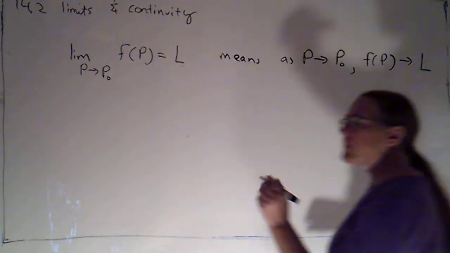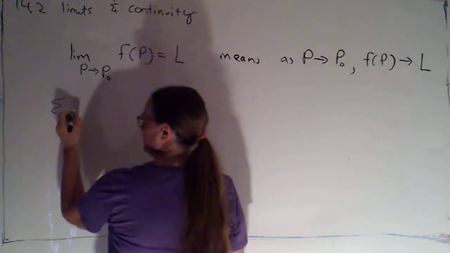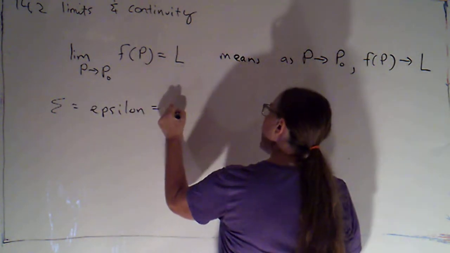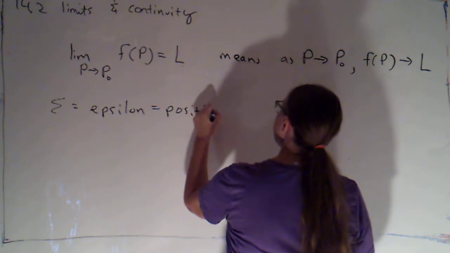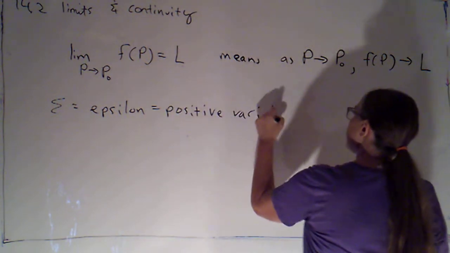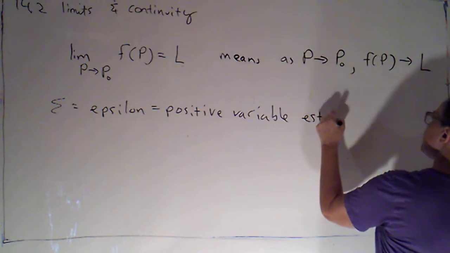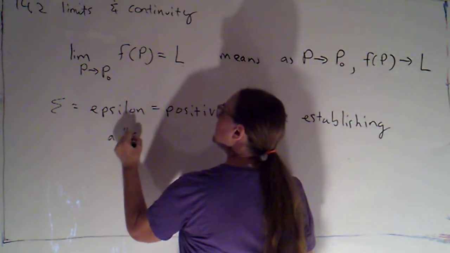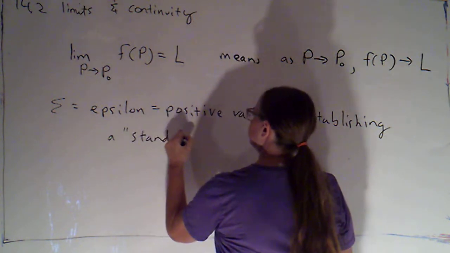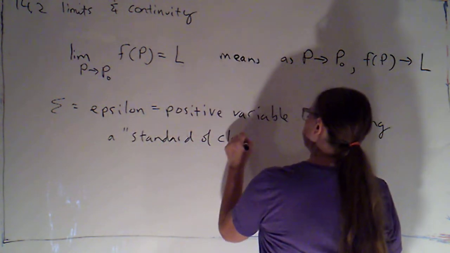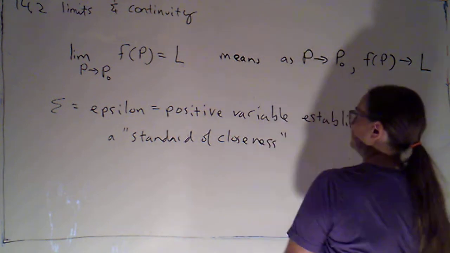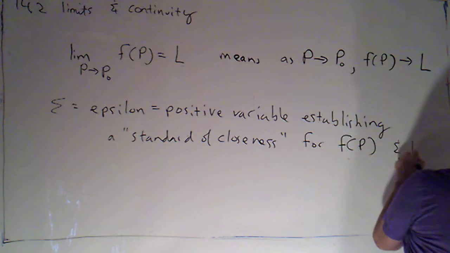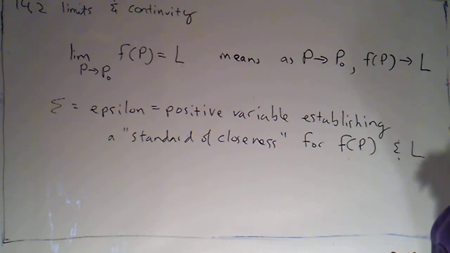Okay, so what we do is we introduce epsilon. And this is a positive variable establishing what I call a standard of closeness for the output f of p, and the number that we're claiming is our limit.